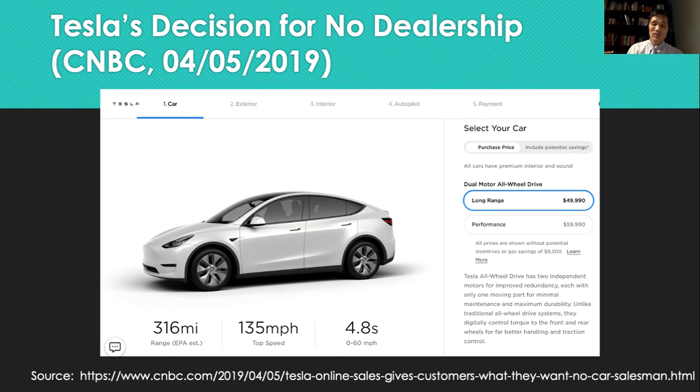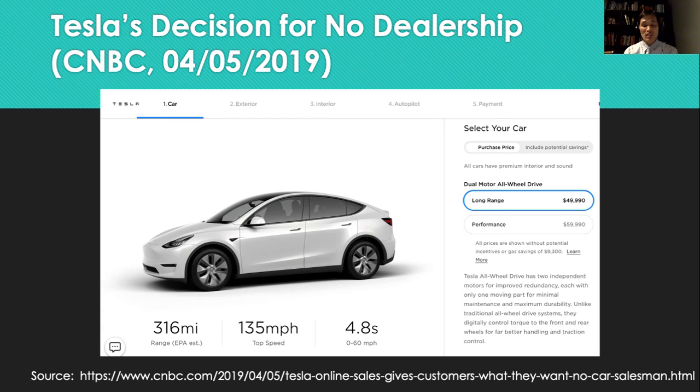One advantage of this model for the customer is no-haggle pricing, where the buyer knows exactly what they will pay to buy a car. Another advantage for Tesla is that they know pretty accurately how many people will be buying their cars, and they don't have to play a guessing game anymore.